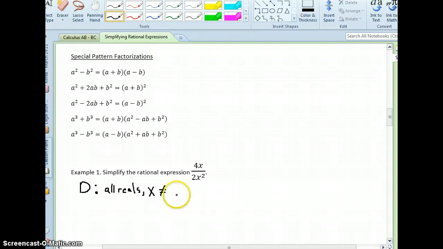In order to find those exclusion values, I look at the polynomial in the denominator. So 2x squared, and I set it equal to 0 and solve. So I can immediately divide both sides by 2. So 2 divided by 2 is 1.